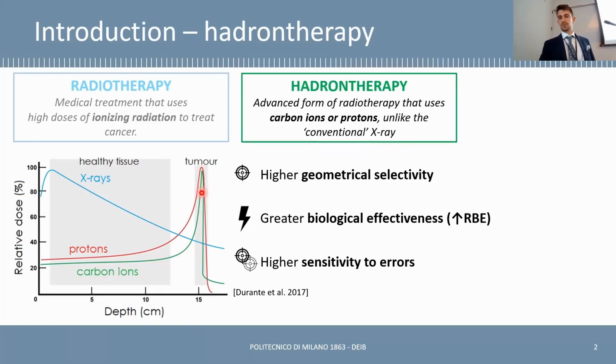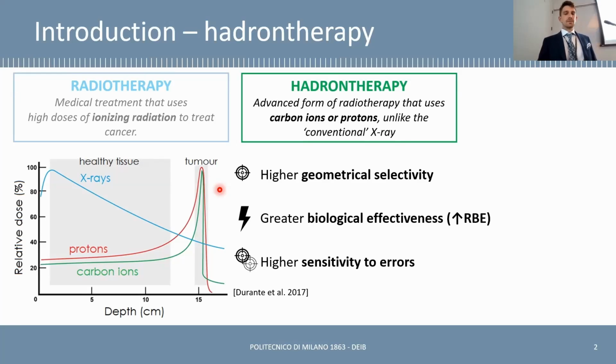Of course, I expect you to know about it, but it's this energy-dependent peak of release that gives hadron therapy using carbon ions and protons such nice precision in dose delivery. And so here's my indication of the higher geometrical selectivity of this therapy. This also comes with a greater biological effectiveness, meaning that the dose transferred to the patient is more effective.